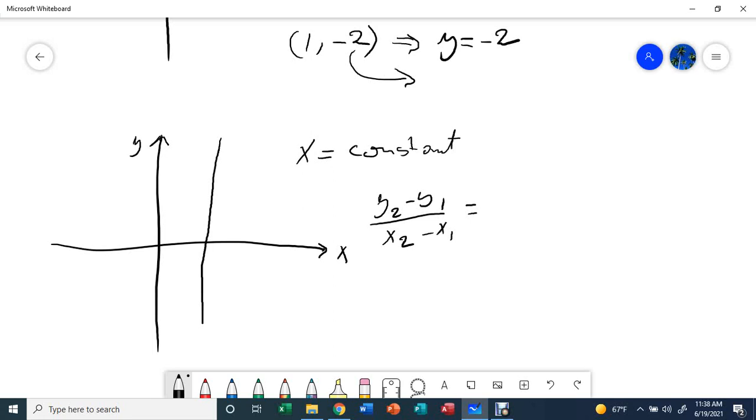So let's see, this point here is 2, and this point, I don't know, 3, and this point is 2. So the first point is (2, 2), and the second point is (3, 2).